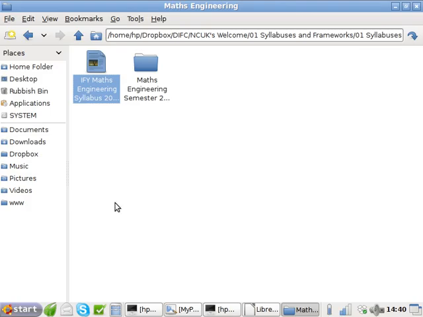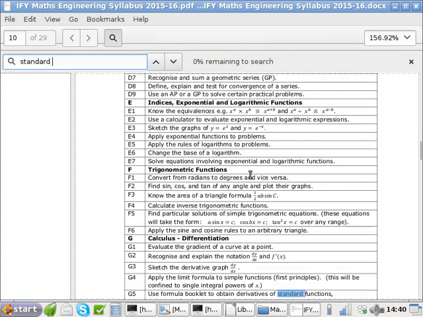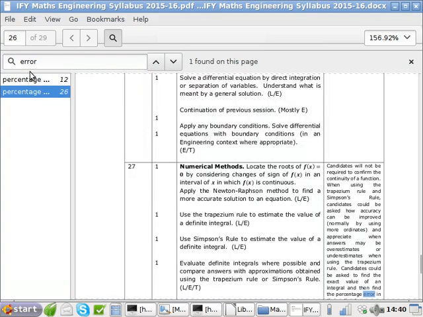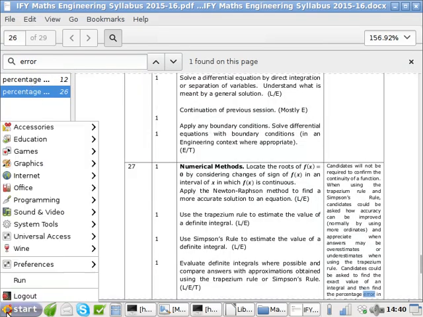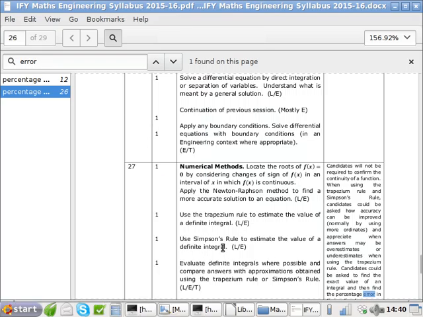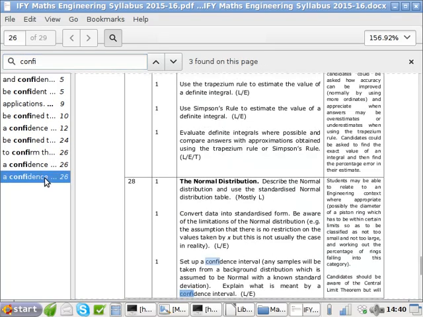I kind of want the formula book. Have you updated the formula book? Not now, I will at some point. Actually, I'll just open it up and see what it looks like.